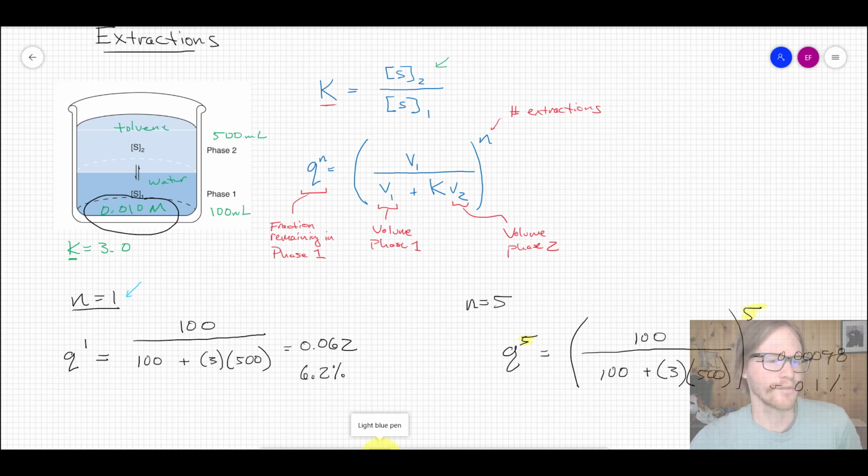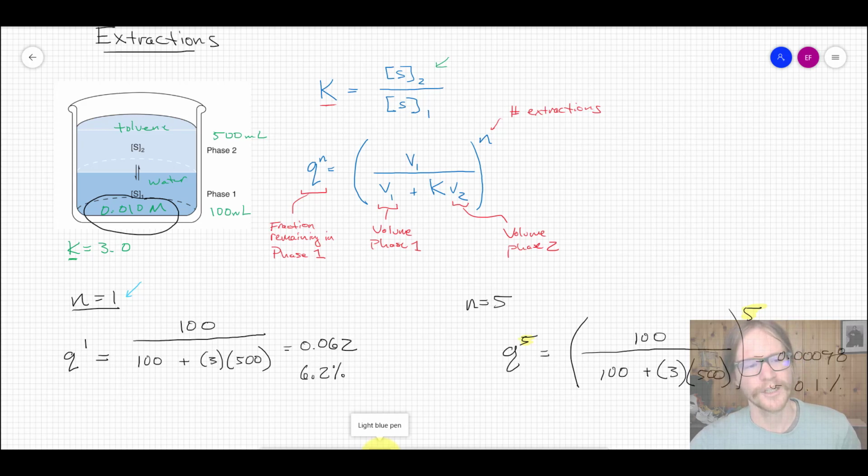Which is the nature of why, if you're trying to analytically extract all of the products in a particular reaction, or from a particular solution, if you want to extract as much of it as you can, doing multiple separations of small volume is going to be far more efficient, if you look at this expression, than it would be to do one large volume extraction.